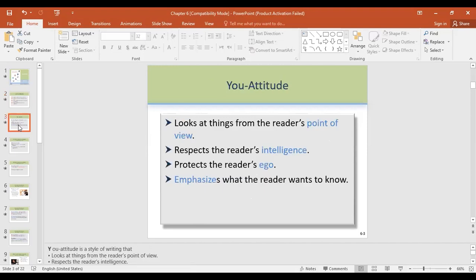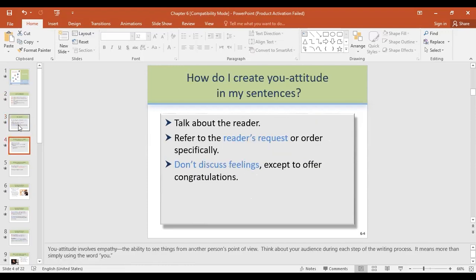In the first slide we talked about respecting the reader's intelligence, protecting the reader's ego, and emphasizing what the reader wants to know. Then we moved to the next slide: how do I create you attitude in my sentences?